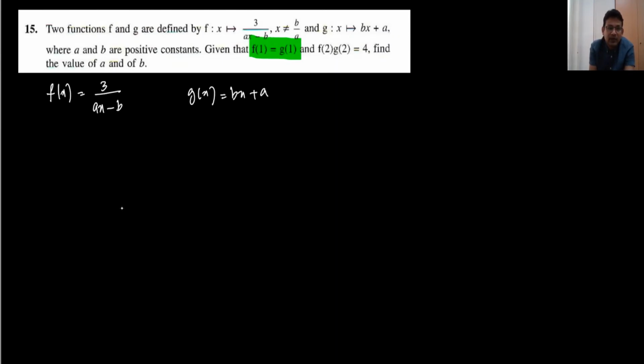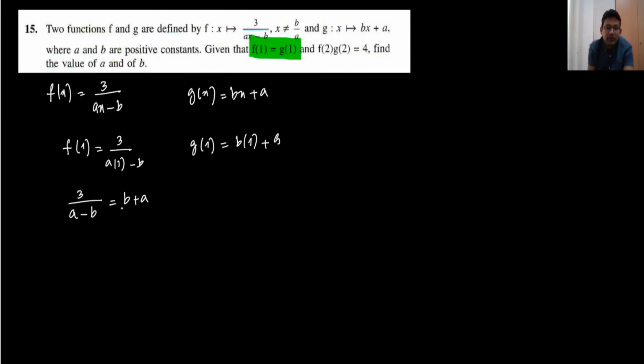So we can write f of 1 is 3 upon a times 1 minus b, and g of 1 will be b plus a.